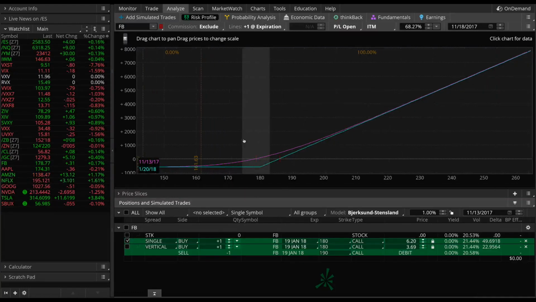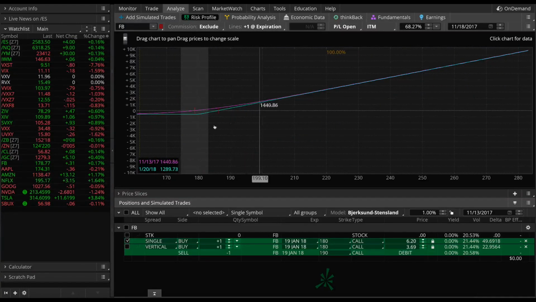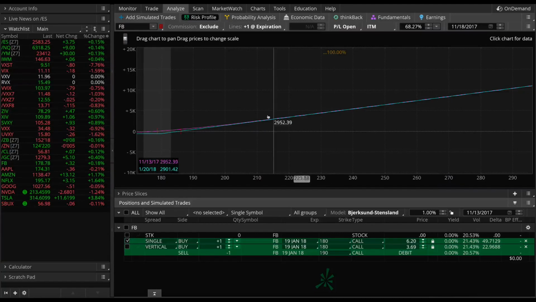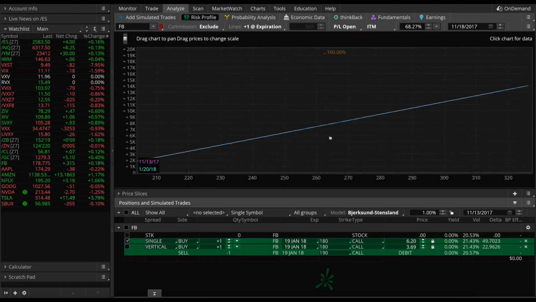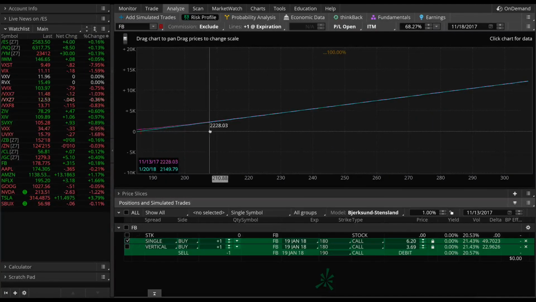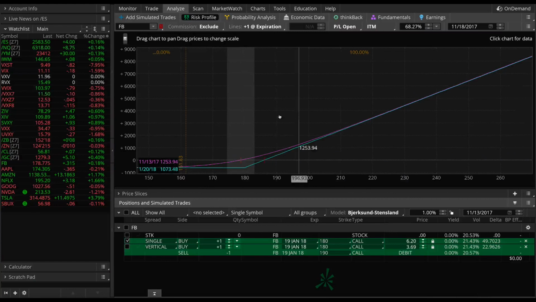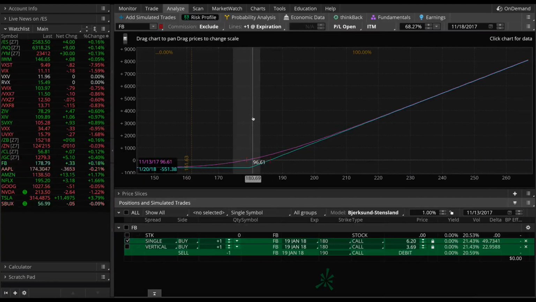Now, in terms of profit potential, there is no limit to how much we can make on this trade, because if Facebook blasts off and shoots to the moon, our call contract will rise in value with the increase in that stock price. Of course, it's not very likely for Facebook to reach the prices that I'm looking at now, but it is one of the benefits of using a long call option to trade a very, very bullish assumption.